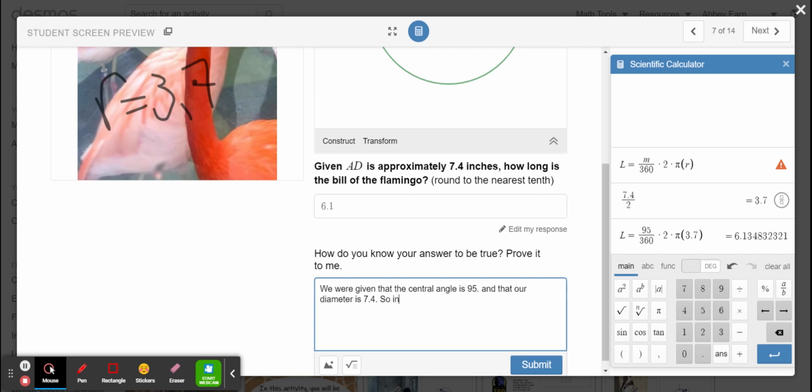So in order to fill out our arc length formula, we divided our diameter by 2 to get the radius, which was 3.7.